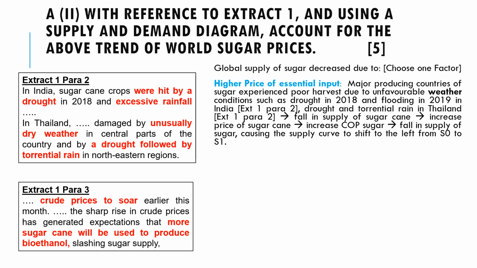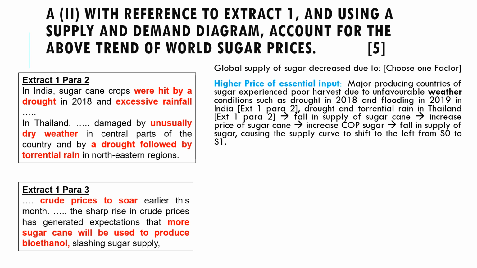The unfavorable weather conditions have resulted in a fall in the supply of sugarcane, and the lower supply of sugarcane has resulted in higher prices of sugarcane, causing an increase in the cost of producing sugar. The higher cost of producing sugar results in sellers willing and able to sell less sugar at each price, causing a fall in the supply and therefore a leftward shift of the supply curve from S0 to S1.